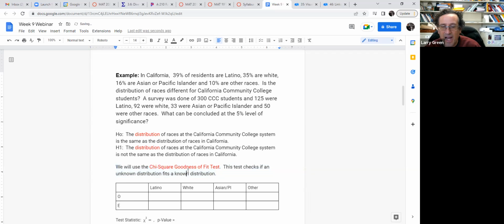So this is called the chi-squared goodness of fit test. It checks if an unknown distribution fits a known distribution. And the typical known distributions you'll see sometimes, one is something given like I did on this example. But there's also some distributions that we've had in our class already. What are some distributions we've had? We haven't had too many.